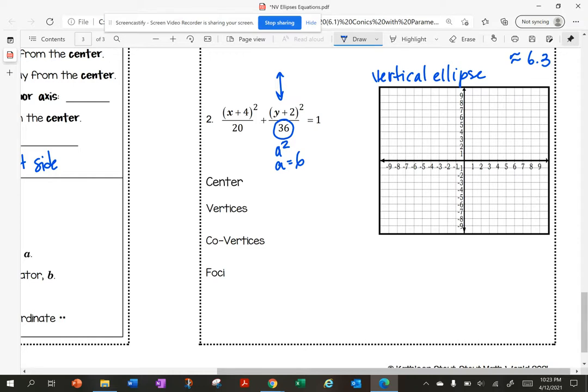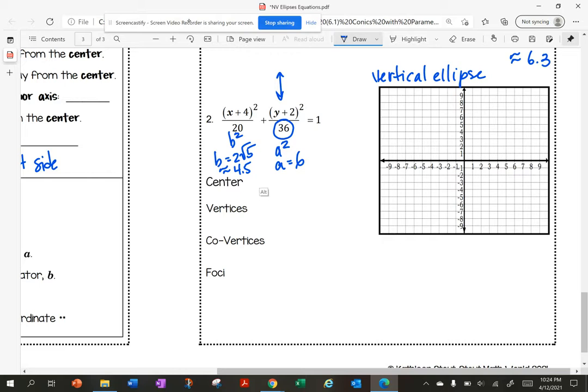B squared is 20. So the square root of 20 is 5 times 4. So that is going to make B 2 times the square root of 5, which is approximately 4.5.